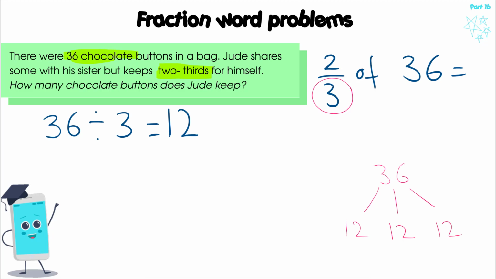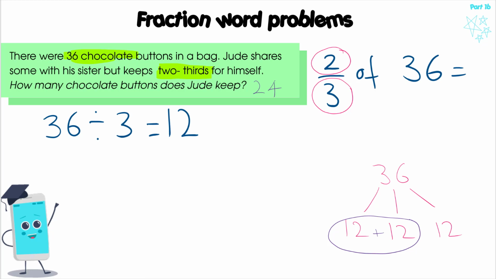Now looking back at my 2/3, I need to look at 2 of my groups. I'm going to put these 2 groups together, and 12 plus 12, or 12 times 2, is 24. My answer is that Jude keeps 24 chocolate buttons to himself.